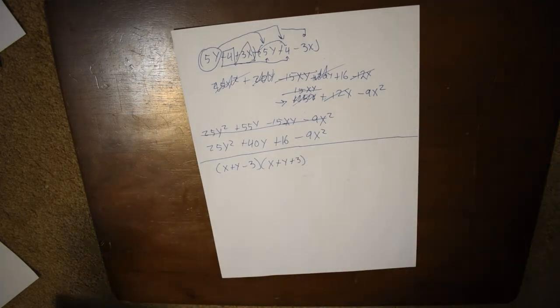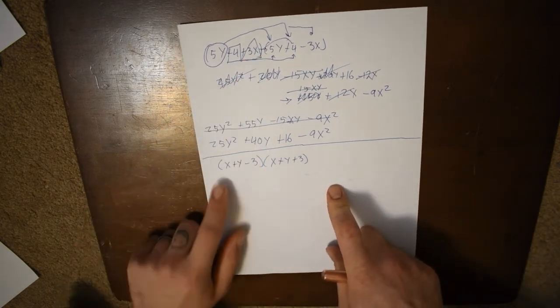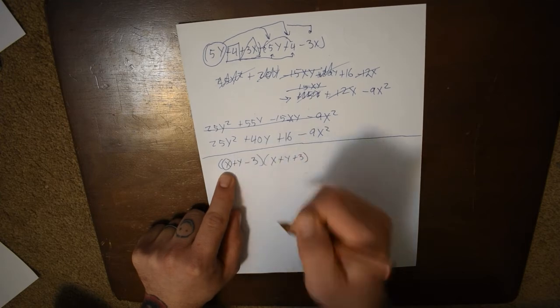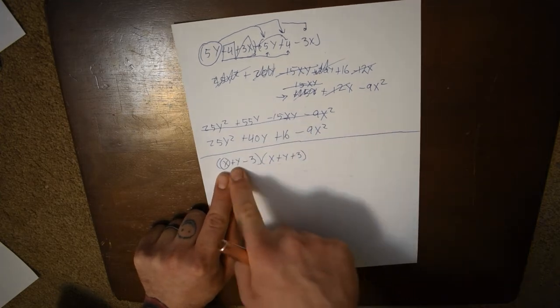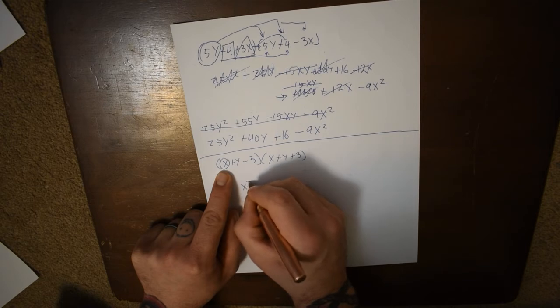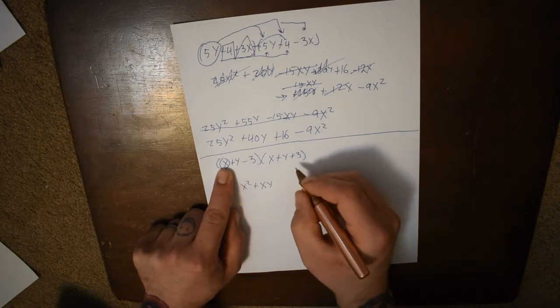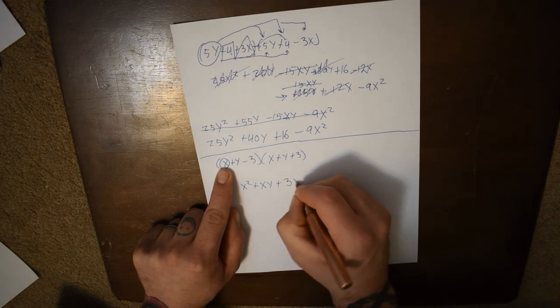I just made it up. I want to show you this motion again. So we'll take our first term and we'll multiply it into every term in the second factor. X times x gives us an x squared. X times y gives us a plus xy. X times 3 gives us a plus 3x.